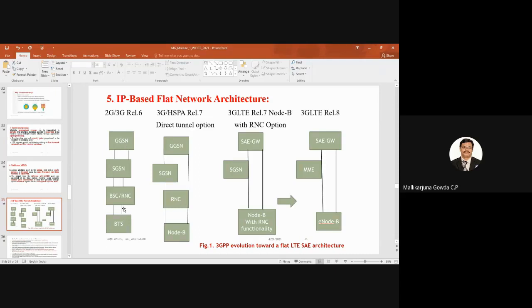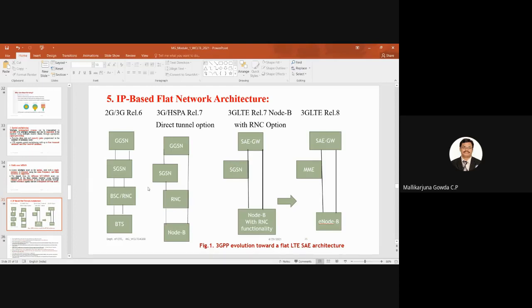That 2G network has four network components. One is BTS. Of course, user equipment will be there too, which is not shown here; I am showing only the network side elements. So one is the BTS, the base transceiver station.